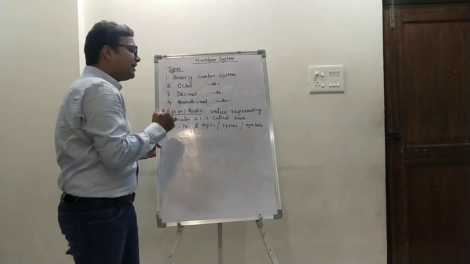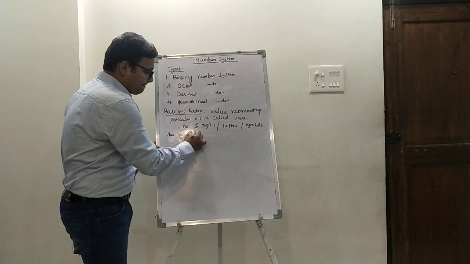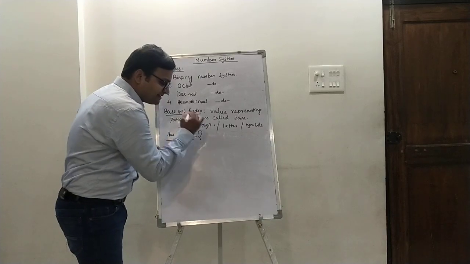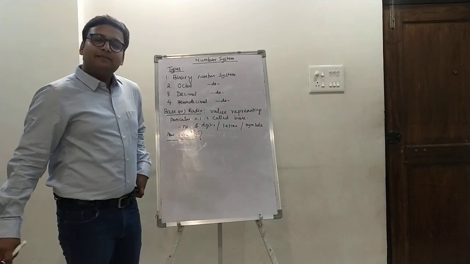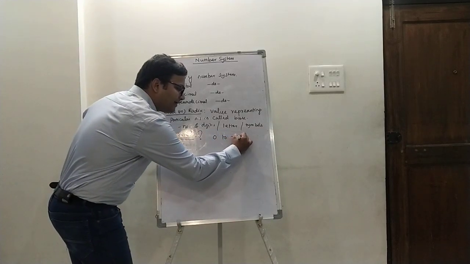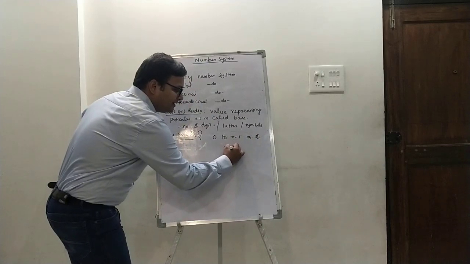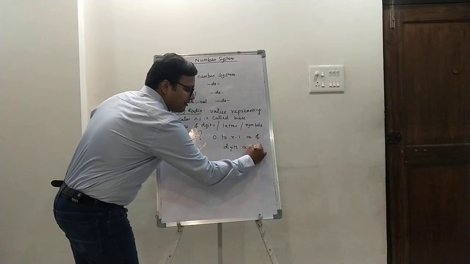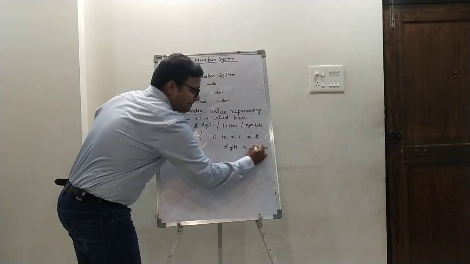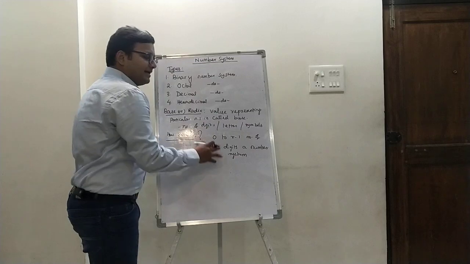So how do we define this base? This is very important. It mainly defines 0 to r minus 1 digits that a number system has.